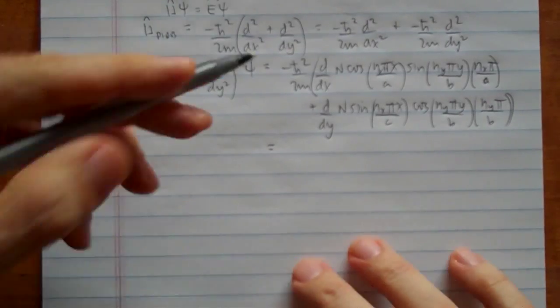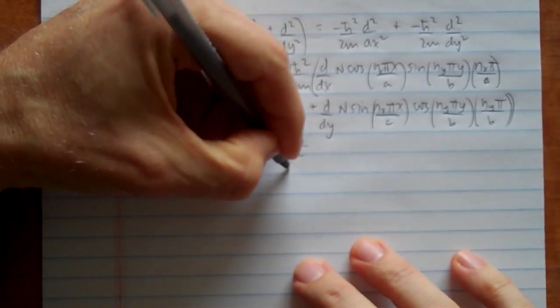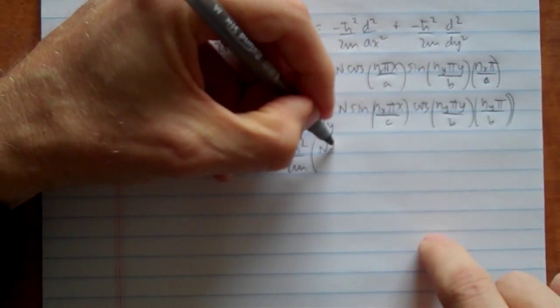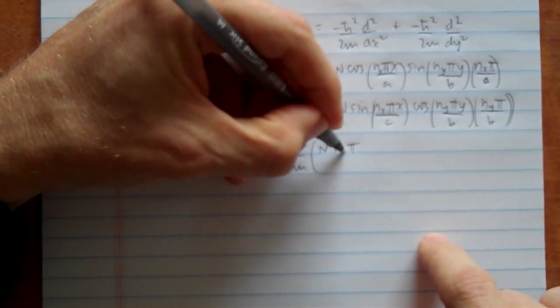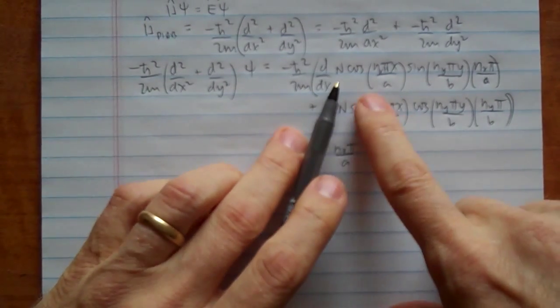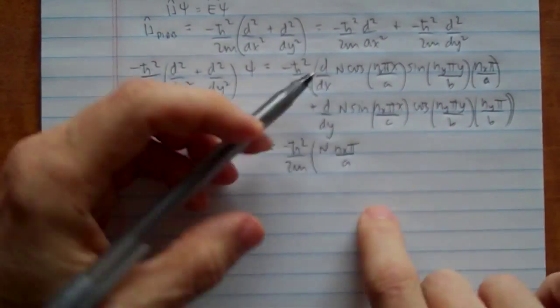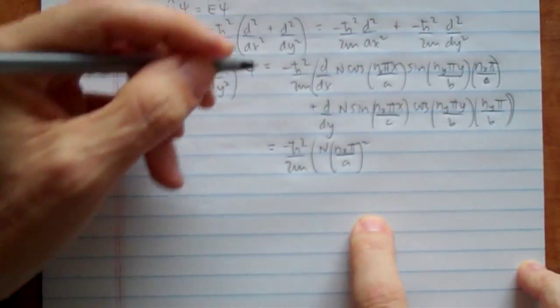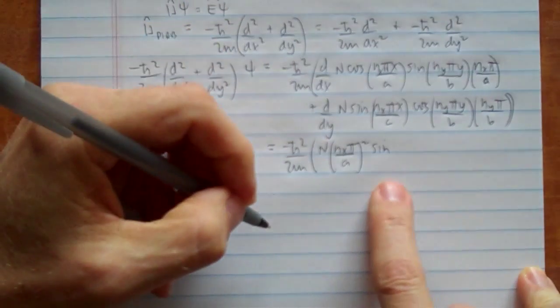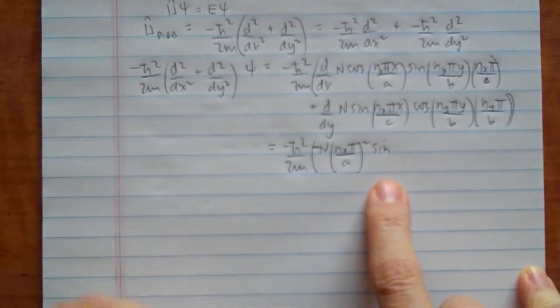So let's do that. And 2m, n, I'm going to put that term out front, nx pi over a. Actually, if I'm doing the second derivative of this, it's going to pull that guy out again. So let's make that squared. And it's going to be sine, except it's minus this time, right?